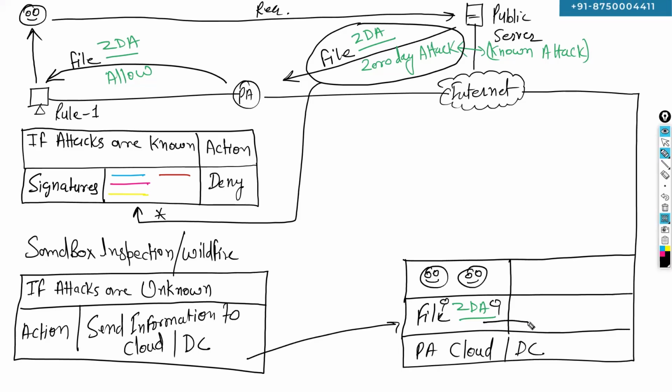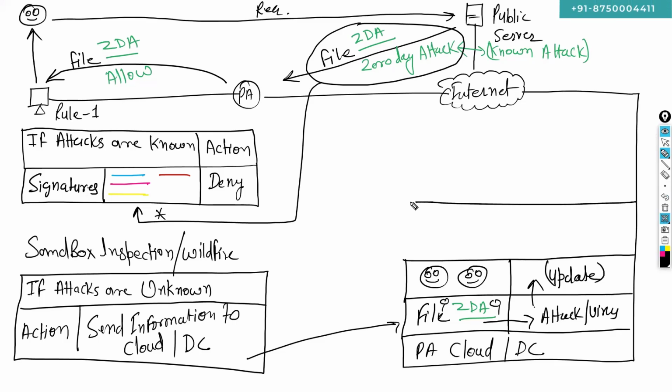If they see any suspect, if they identify it is malicious, or we can say yes, this is an attack or virus, so the file which you have submitted, definitely it is an attack or it is a virus, then those engineers will generate an update of it, and that update will be called with two names.